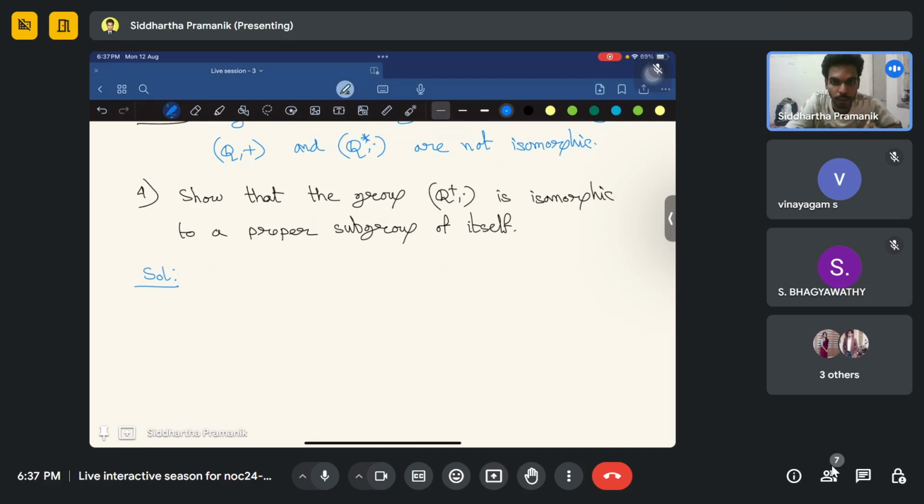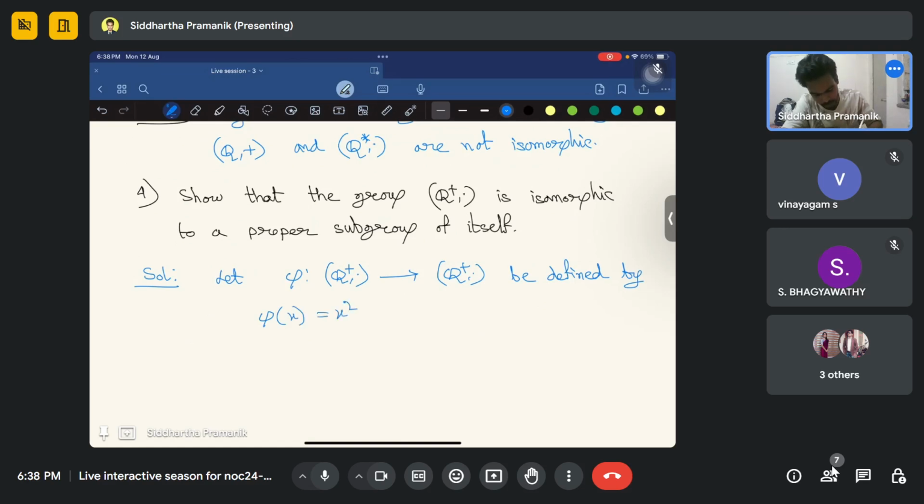So to prove two groups are isomorphic, we need to give an isomorphism between them, right? So we need to give a function between them. So let me define a function. Let phi from Q plus, comma, dot, to itself be defined by phi of x equals x square.